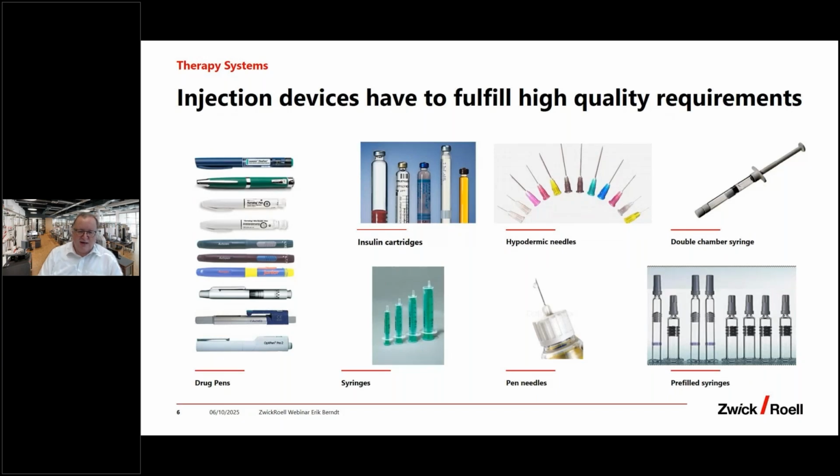If I'm looking at the actual market data, the situation is quite clear. The development funnel for new drugs, the majority of which are biologics, is full. We see GLP-1 drugs very strongly on the market, heavily growing.